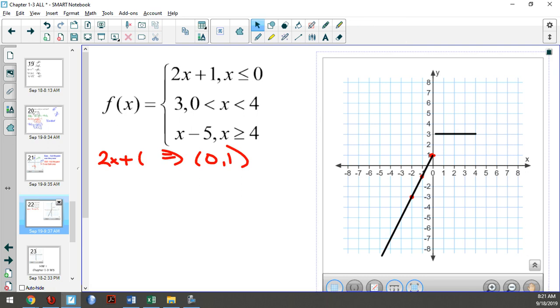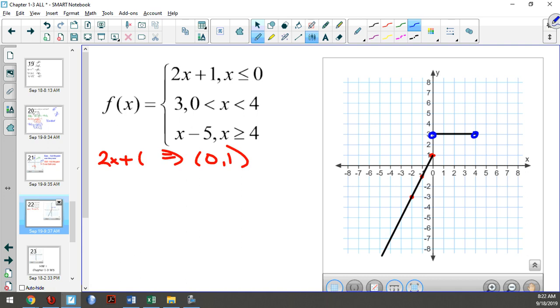So I'm literally going to shrink this between 0 and 4. However, here's my question. Can I use that when x is 0? No. So I'm going to have an open dot at 3, at x equals 0. Yes? And can it be 4? So I'm going to have an open dot at the end of that for the x value 4. Do we understand that? Yes or no?